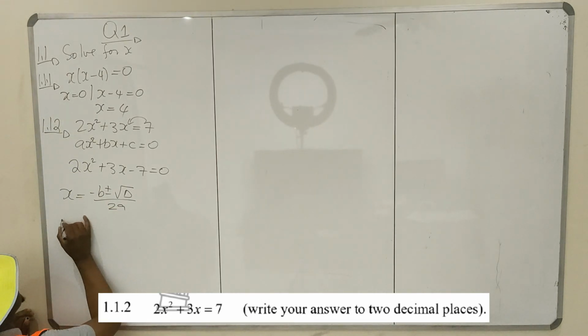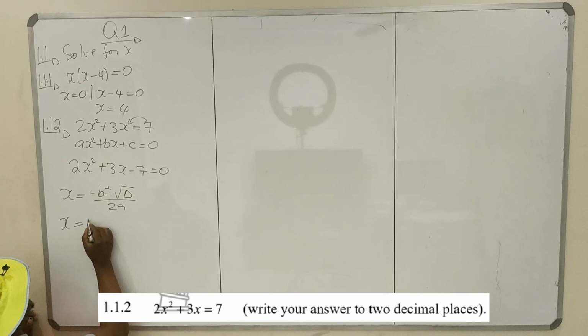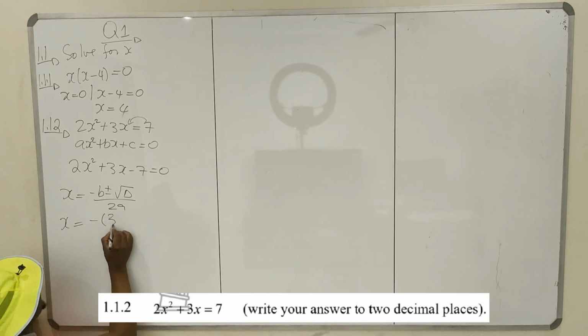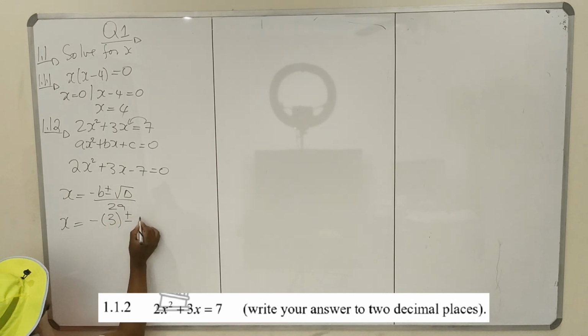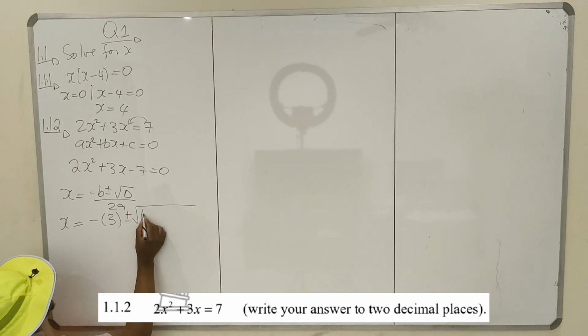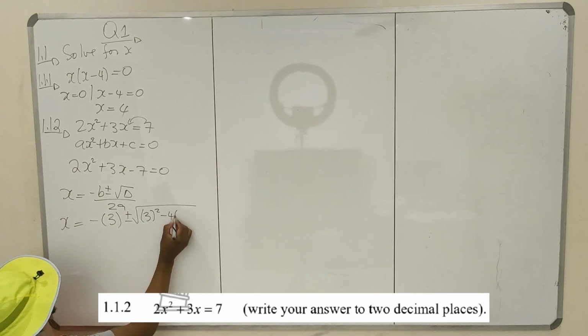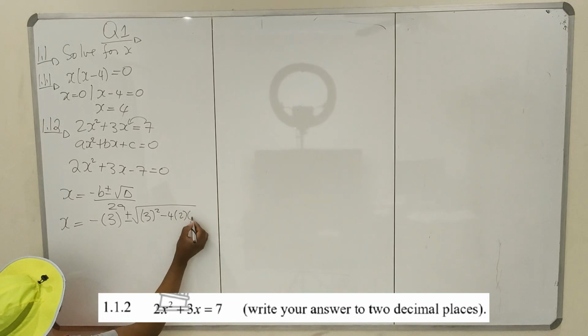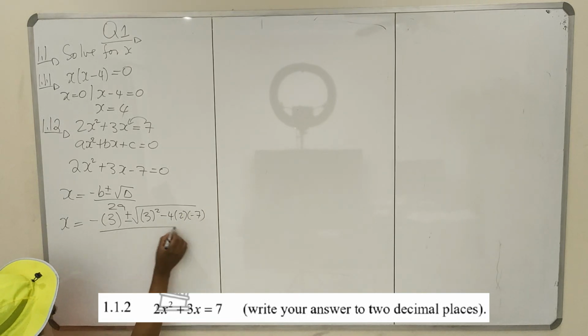Your b is 3, so b squared is 3 squared, minus 4a, where a is 2, and your c is minus 7, all over 2 times a, which is 2.